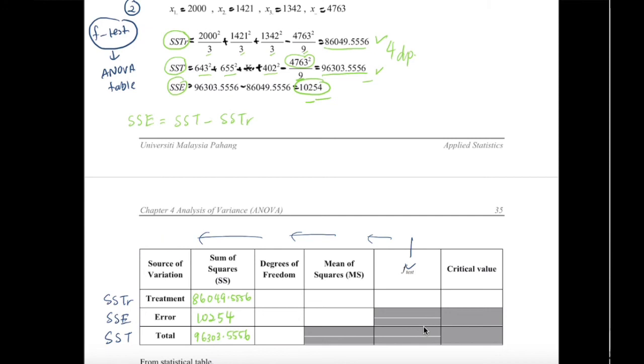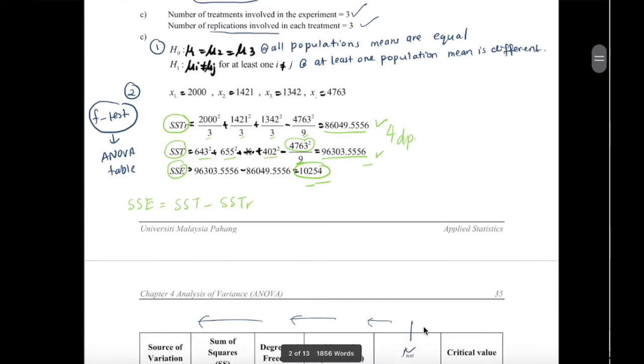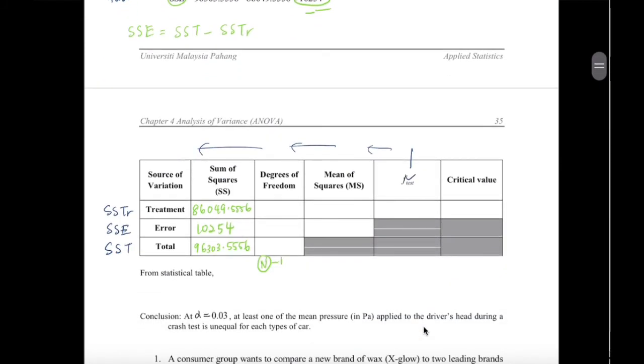How do we get the degree of freedom? Degree of freedom total is n minus 1, where n is total data. How many data do we have? 1, 2, 3, 4, 5, 6, 7, 8, 9. So 9 minus 1 is 8. Degree of freedom treatment is K minus 1, where K is equal to 3.